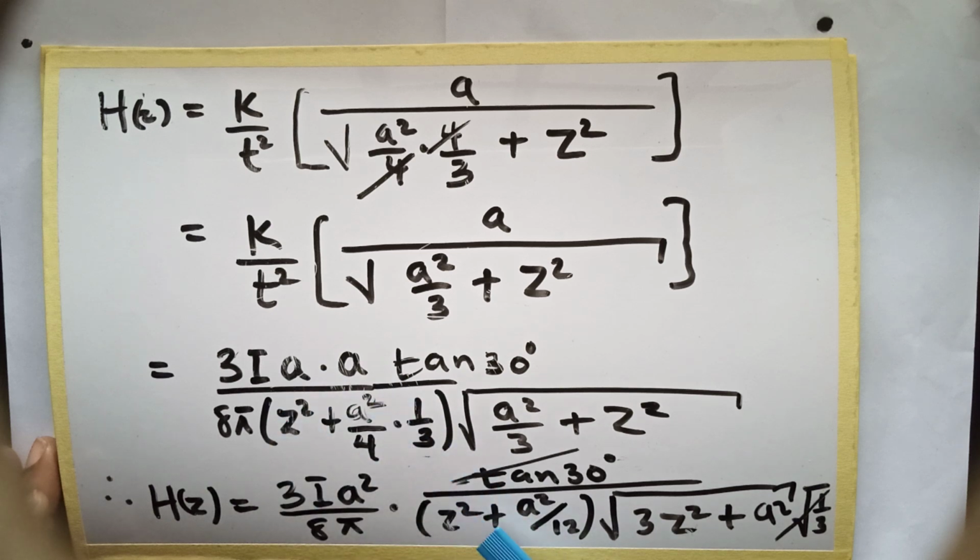Then this expression is this. This expression is this. Recall that we can easily factorize. So we can easily simplify this one by saying a squared plus 3z squared all over 3, and that root 1 over 3 will come out here. Likewise, this particular one is z squared plus a squared all over 12.